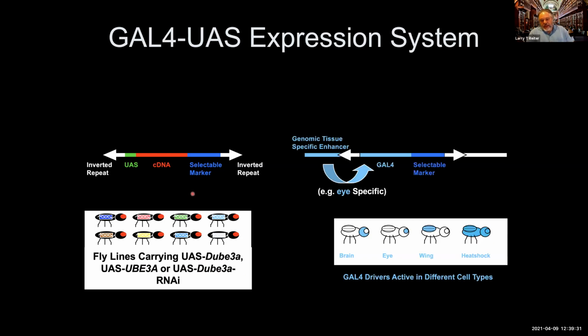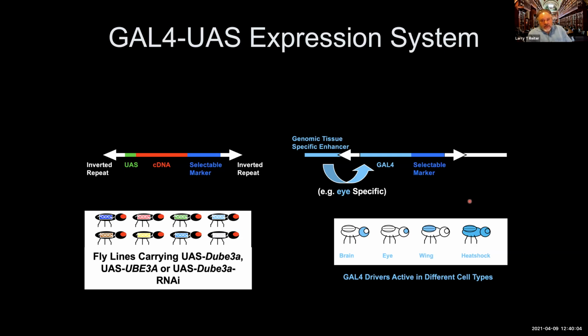And then we have the advantage of crossing these lines to many Gal4 enhancer lines. The way these lines were made, for the most part, although now they're being made in slightly different ways, is that they used to be made by letting P elements randomly find genomic enhancers that they land next to and express Gal4 protein. Then the Gal4 protein will be expressed in the brain or in the eye or in the wing or in any other tissue you could think of, even temporally.